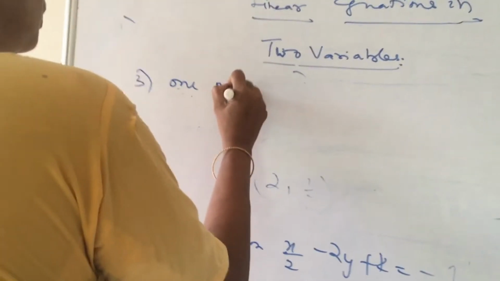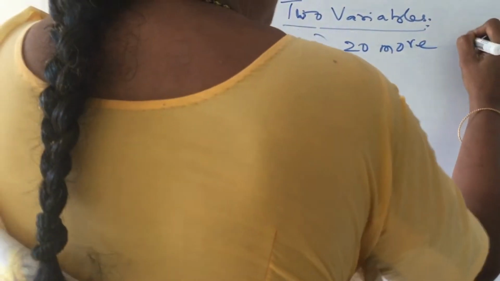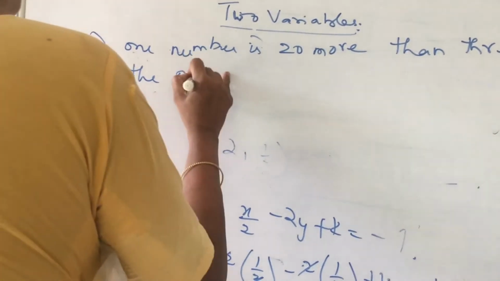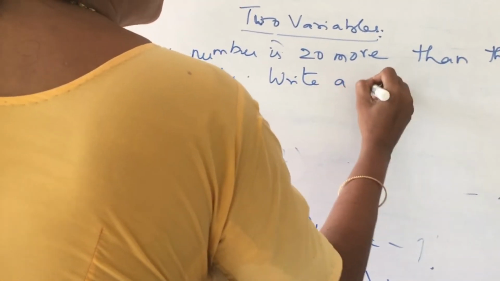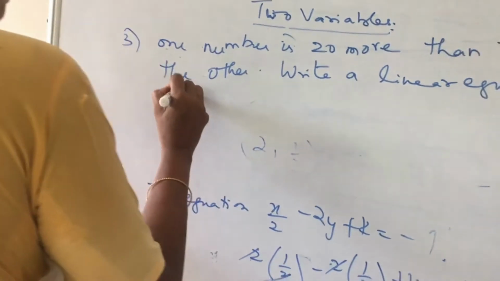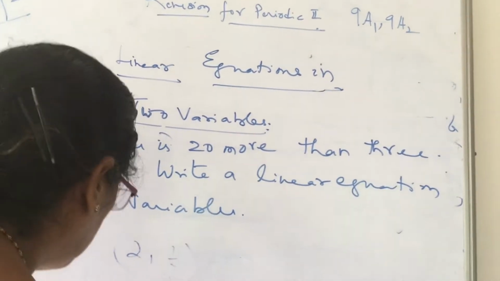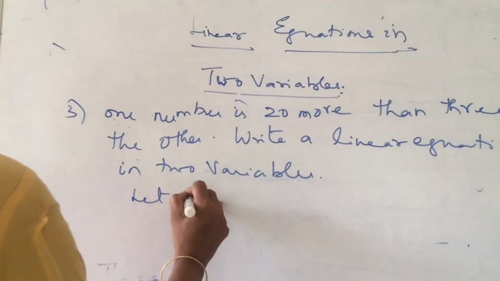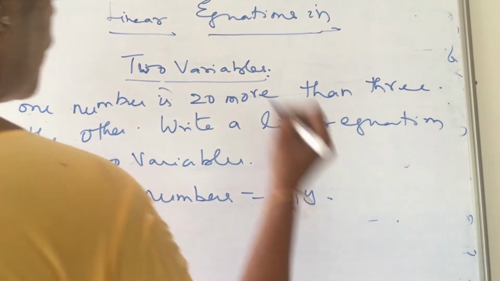One number is 20 more than thrice the other. Write a linear equation in two variables. What are the two numbers? Let the two numbers be two variables, x and y.